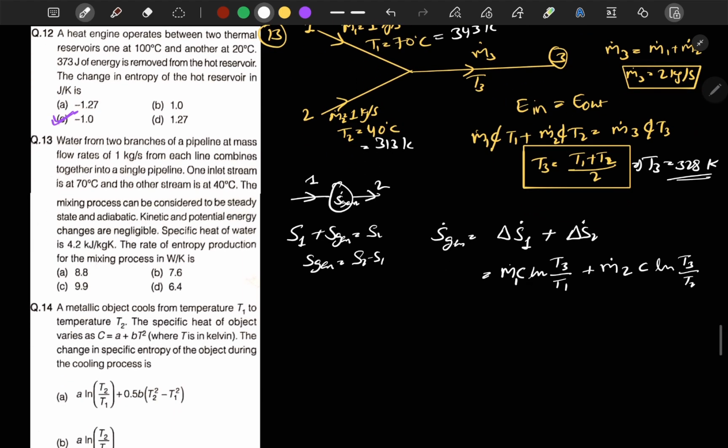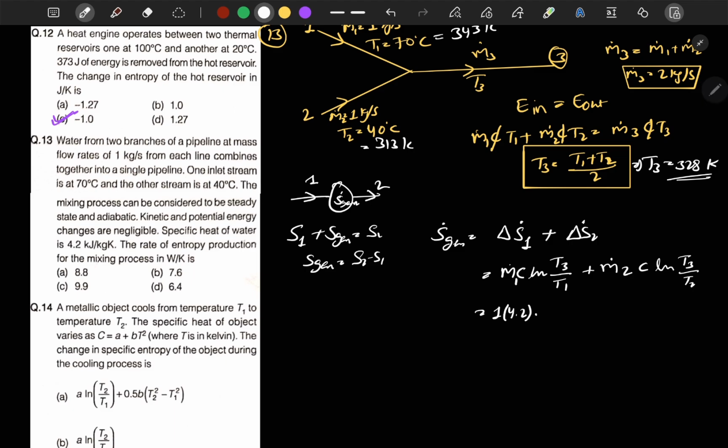Now if we substitute all the values, M1 is 1, C is 4.2, T3 is 328 and T1 is 343.